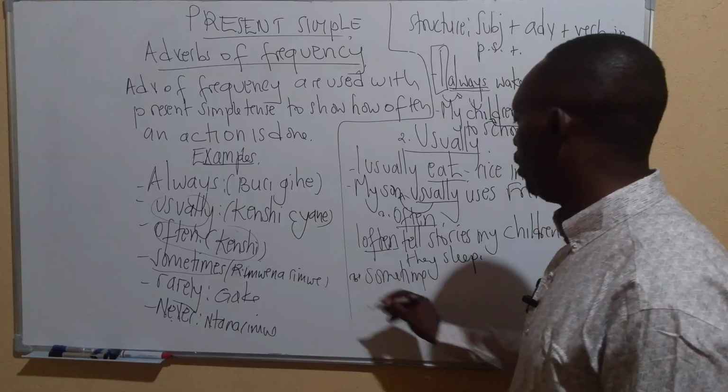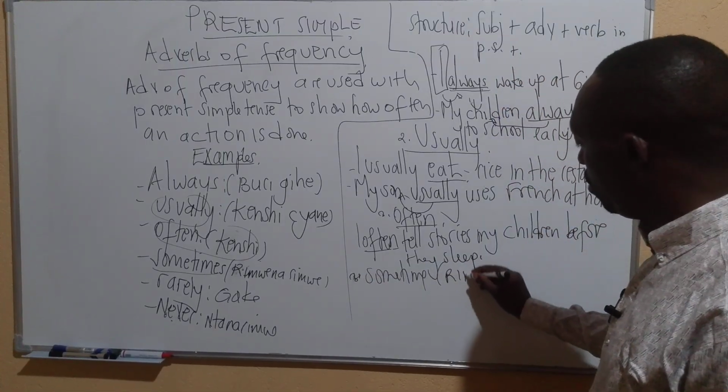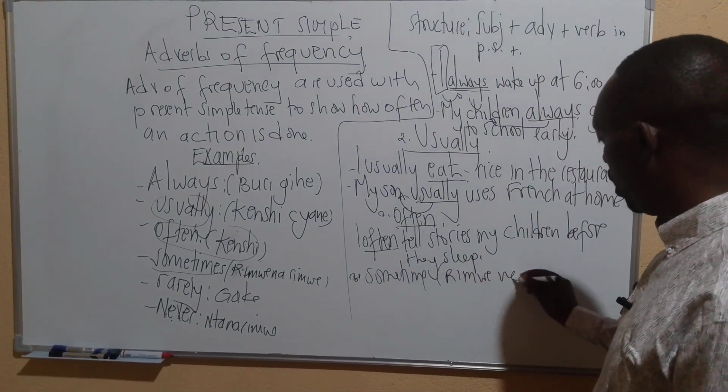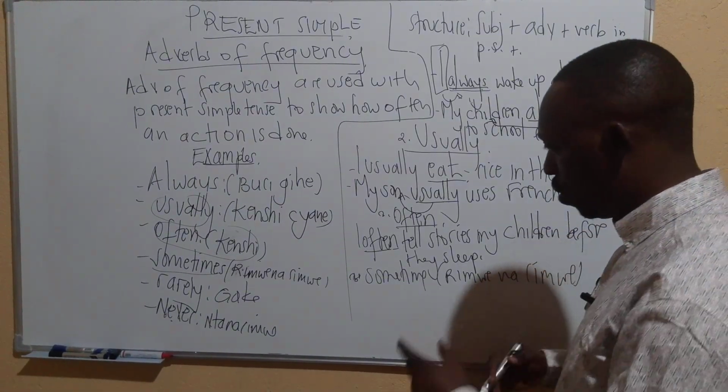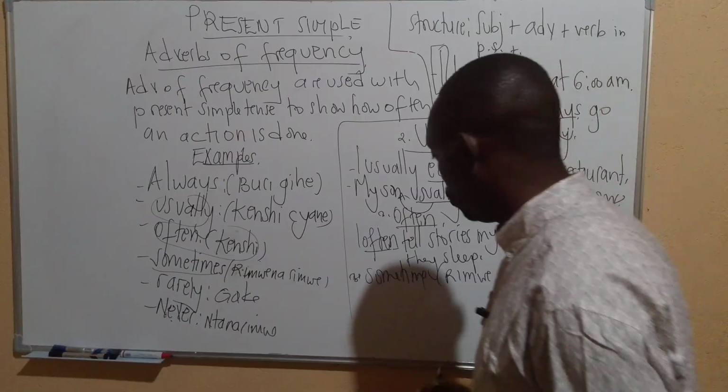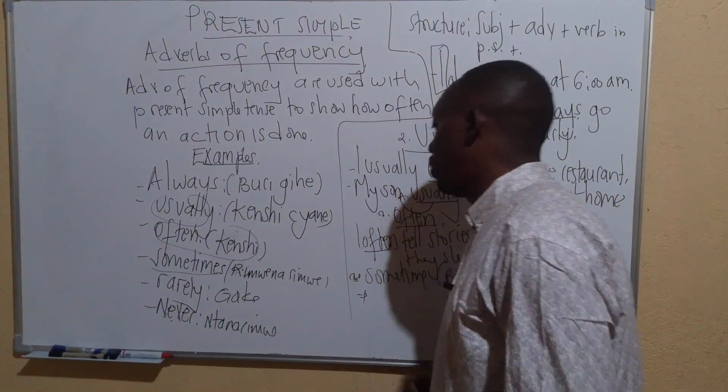Now we are reaching this one, sometimes. Sometimes ivuga rimwe na rimwe. Igikorwa ukora rimwe na rimwe kidahoraho, ariko kigenda kisubiramo, ushobora gukoresha sometimes.